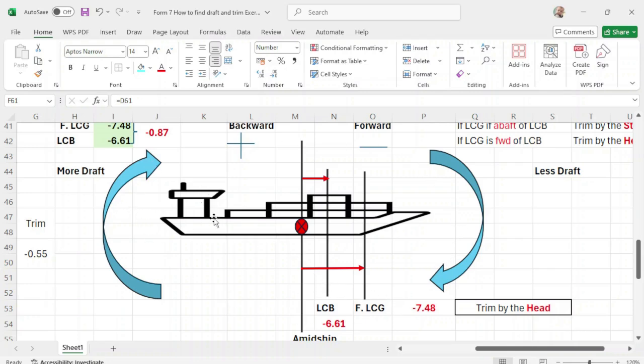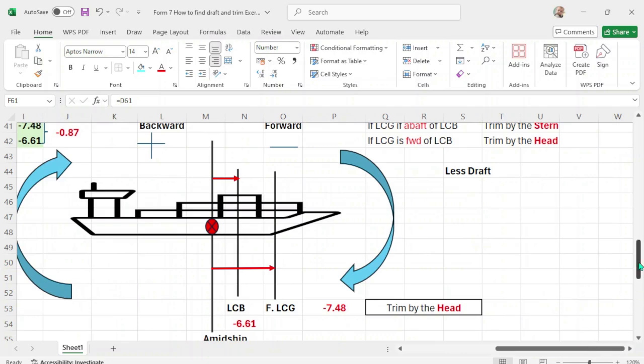It's like a seesaw in the playground where children are playing. If the forward end of the vessel goes down, of course the opposite part will go up. It will go down, this will go up. Now, take note of the rule.